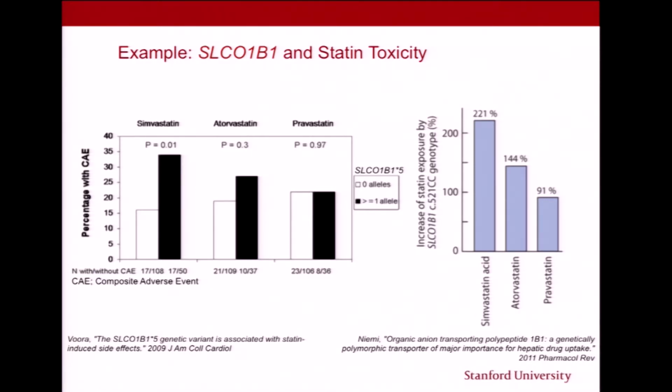So you can see that in simvastatin, there's a much higher percentage of patients with this STAR5 haplotype who have these adverse events related to high statin dose compared to patients who are taking these other types of statins, atorvastatin and pravastatin. Like we mentioned before, these adverse events are related to concentration of the statin in the blood.